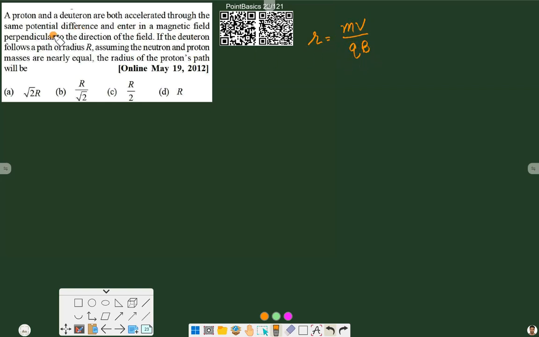As both are accelerated through the same potential, we can say half mv square, where small v is the velocity, is equal to q times the potential V. From this, the velocity comes out to be under root of 2qV by m.